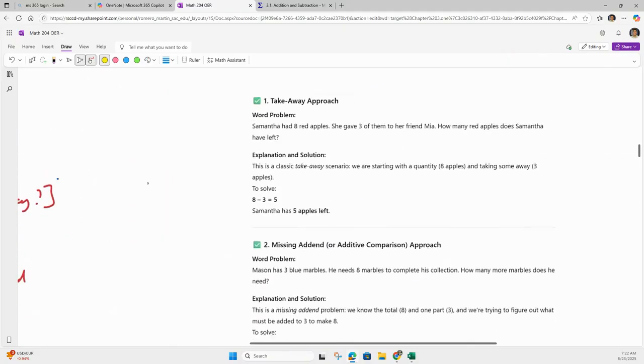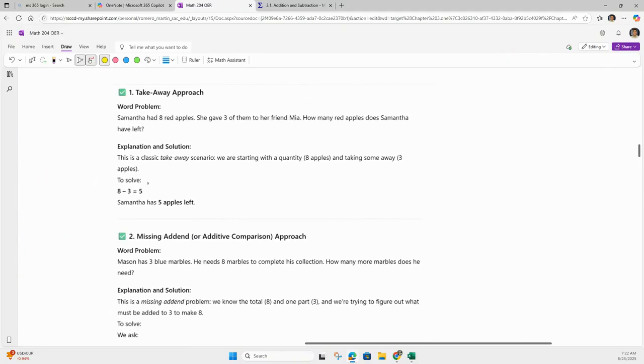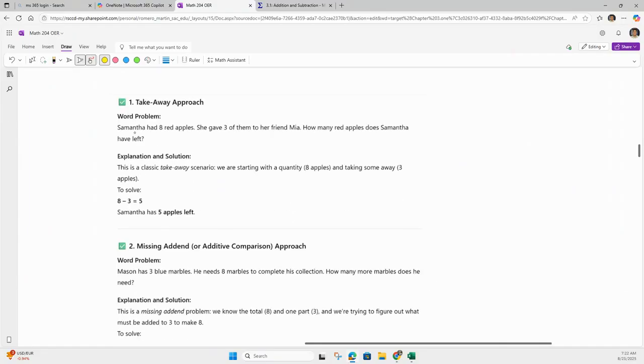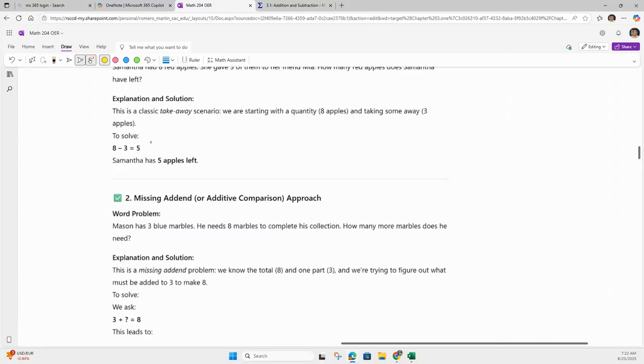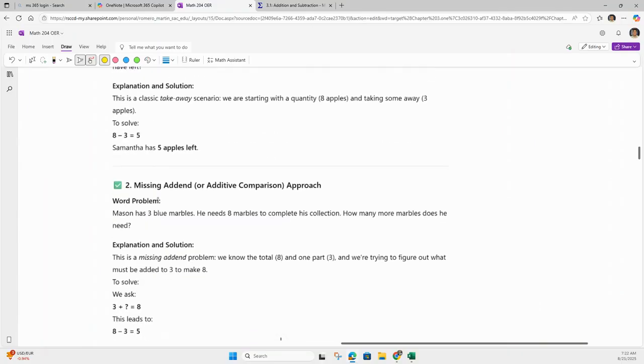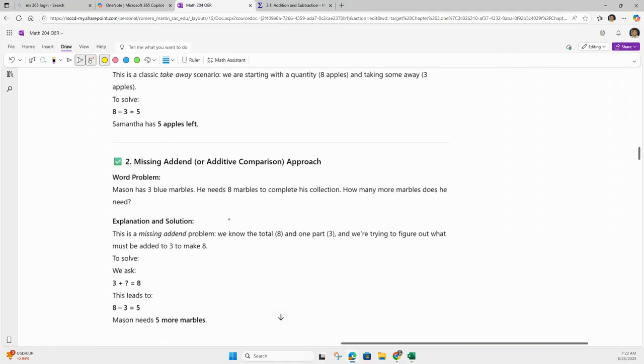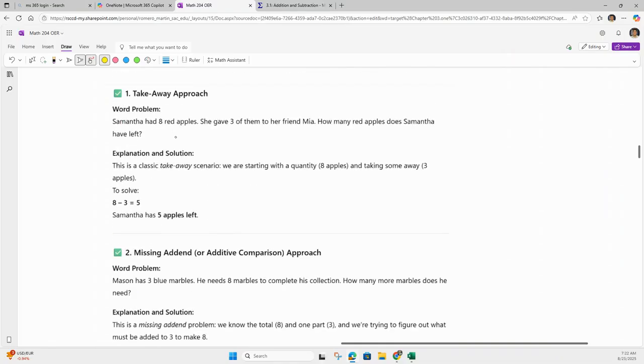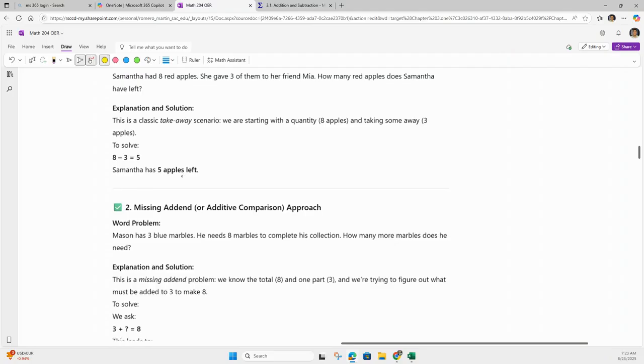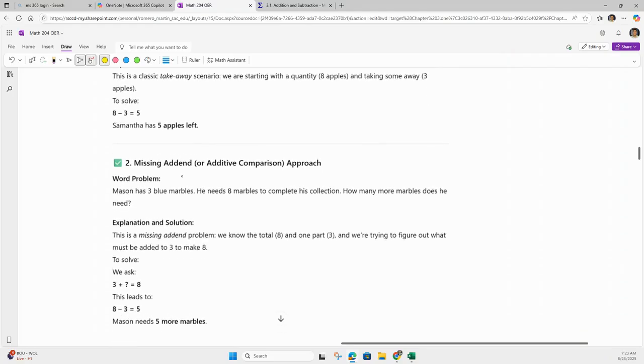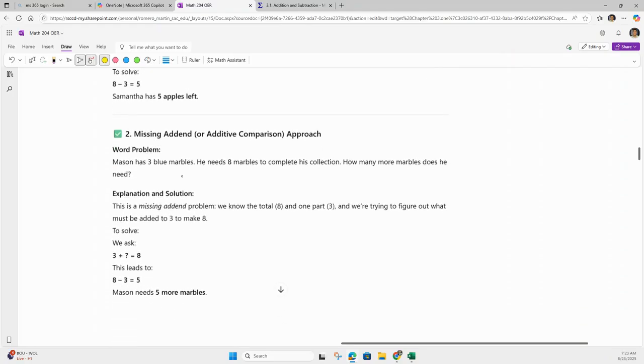But this is why it reminded me. I did put the question into an AI system, to give me an example of a takeaway approach problem. If you want to zoom in and take a look, I also asked it to give me a missing add-in problem, which some people call additive comparison. I like missing add-in, it makes sense, of problems that lend themselves to those methods. Doesn't mean a student will do it in that way.